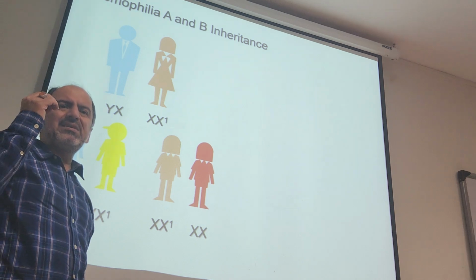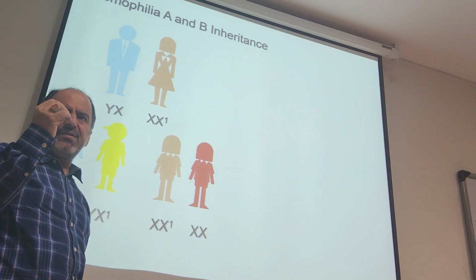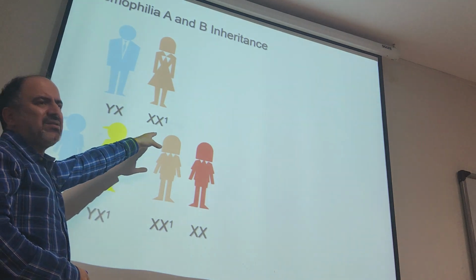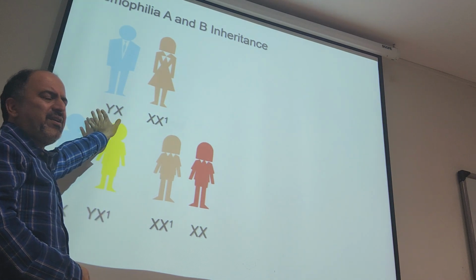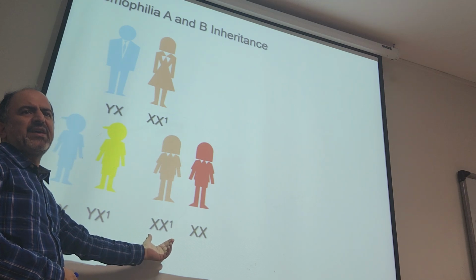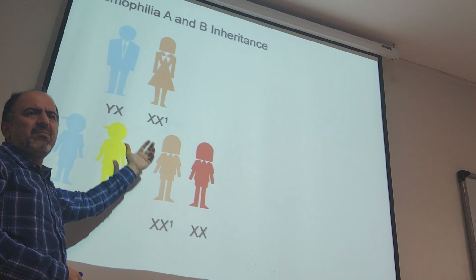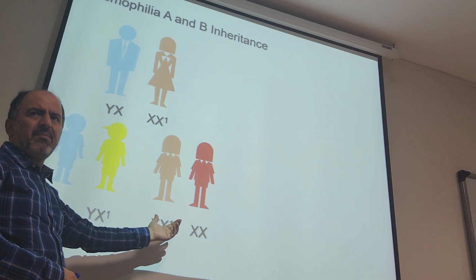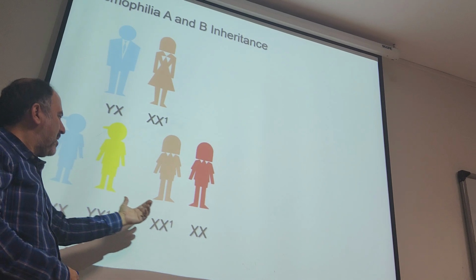It is an X-linked recessive disorder, which means this is usual. The mother has the mutation, father is fine. 50% of the girls would be carriers again, same as the mother. But the ladies are normal. There is no hemophilia patient among the ladies.